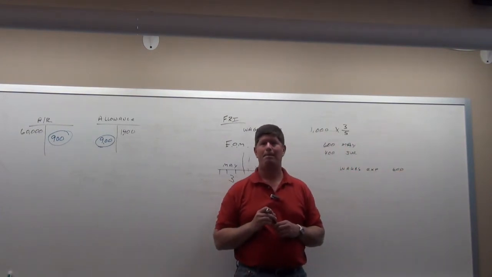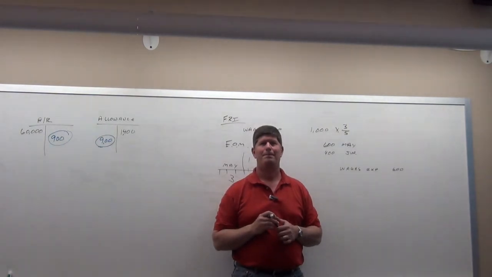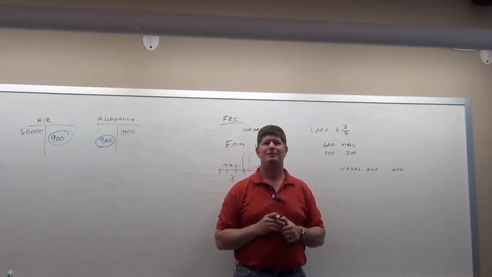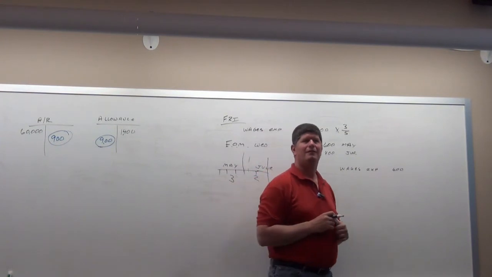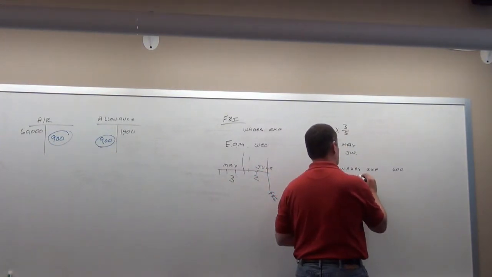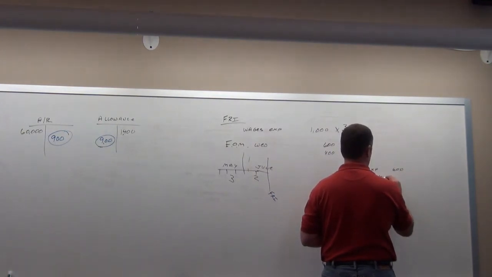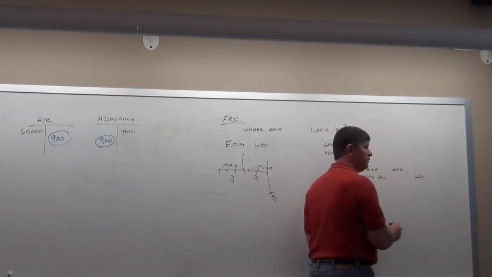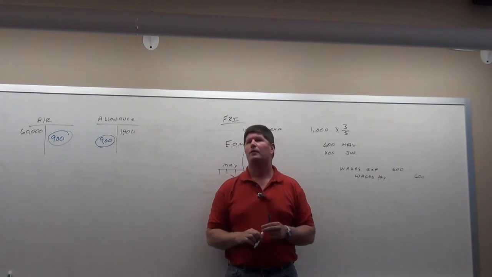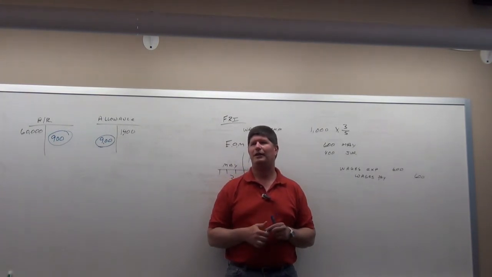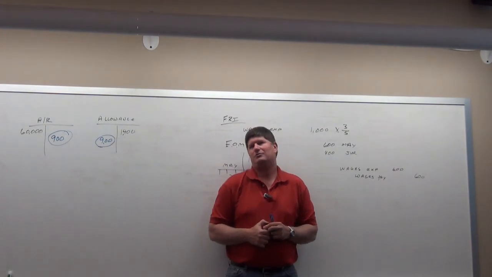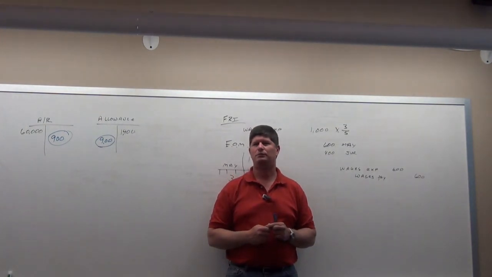Anybody? This is your chance. It's a liability account. Wages or salaries payable. I've heard it called accrued wages payable. I just drop the accrued and call it wages payable. Good?